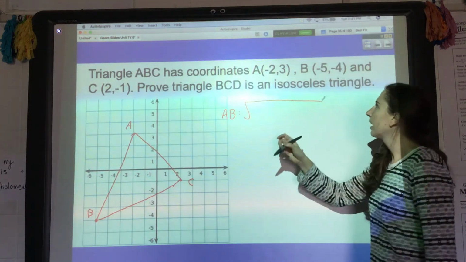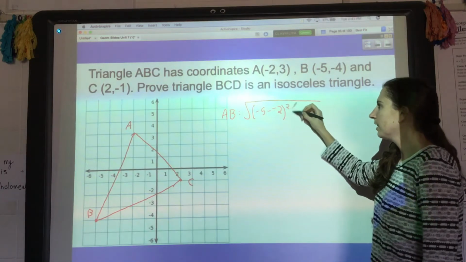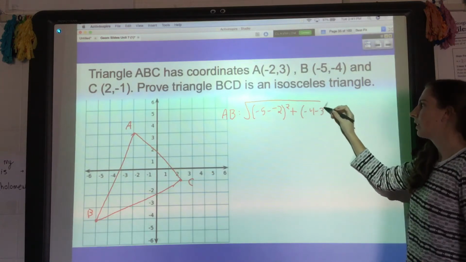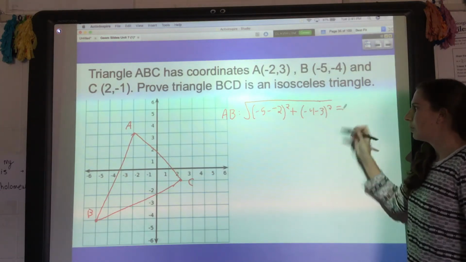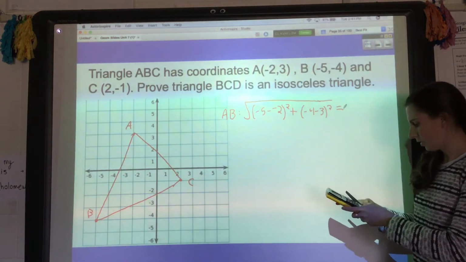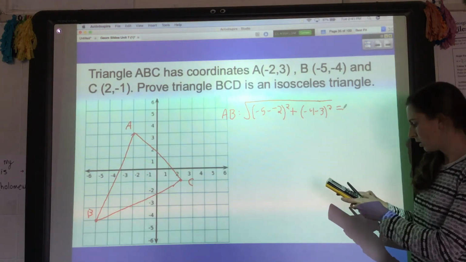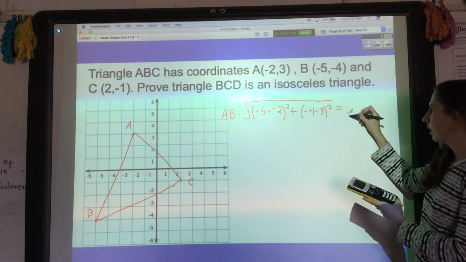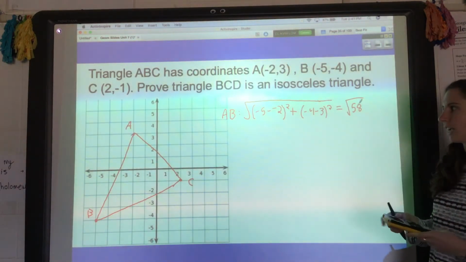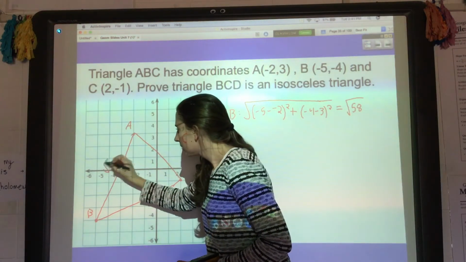I'll subtract the two x's, -5 minus -2, square it, and subtract the two y's, so -4 minus 3, and square it, which ends up being, I'm going to put all that in my calculator, -5 plus 2 squared. It ends up being the square root of 58. That doesn't come out even, so I'm just going to leave it as square root of 58, but you can make it a decimal if you want. Okay, so this right here is the square root of 58.